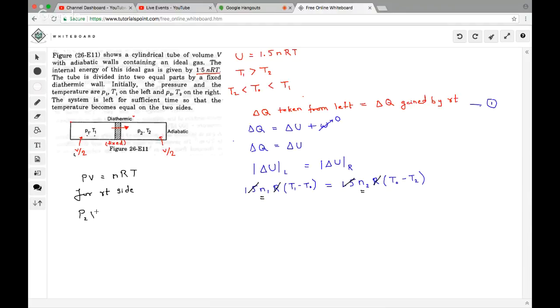It will be P2 into V by 2, which will be equal to N2 R T2.